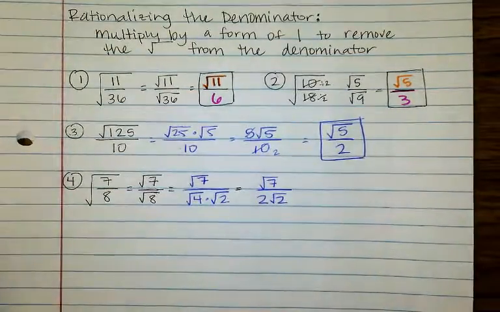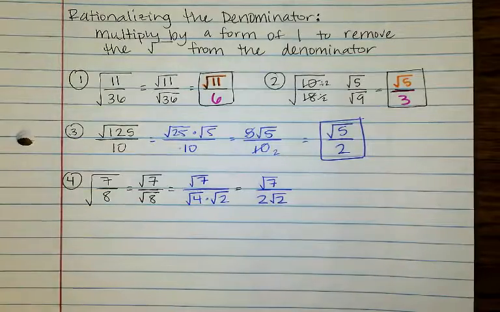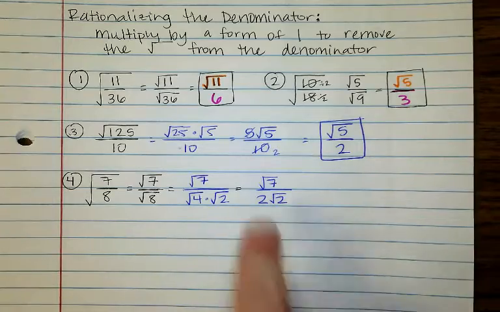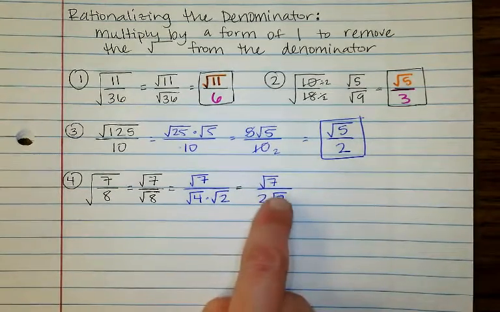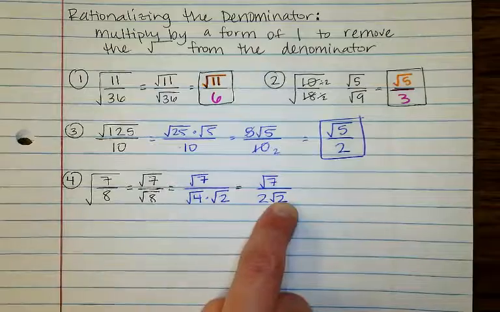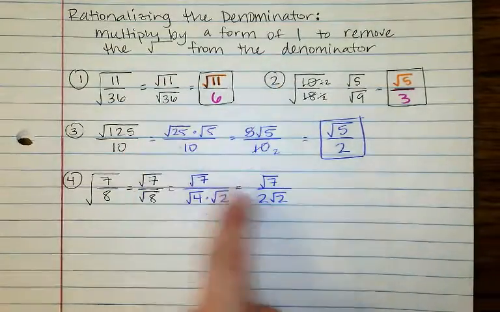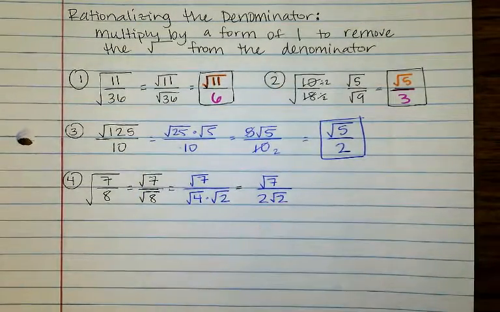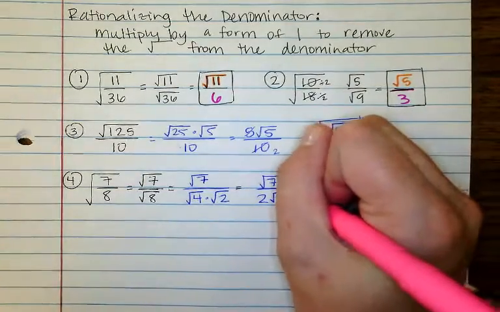So we need to rationalize this denominator. So how are we going to rationalize our denominator here? What do you guys think? We need to multiply by a form of 1 to remove that radical. So in order to remove the radical from the denominator, I'm going to multiply by the square root of 2 over the square root of 2 to get rid of that square root of 2 in the bottom there.